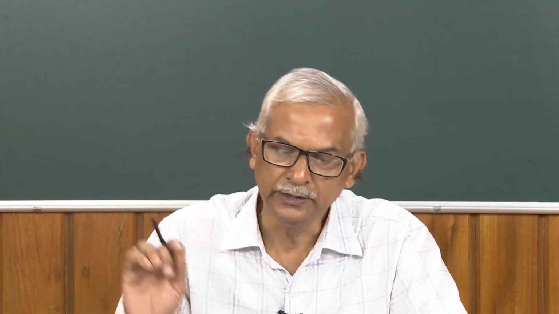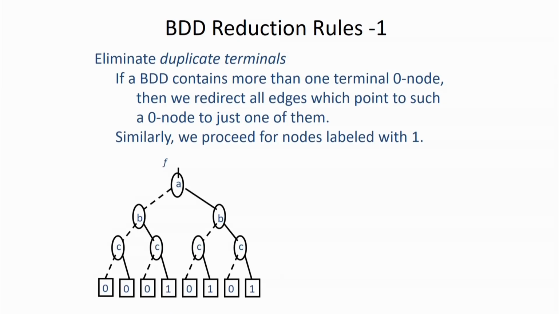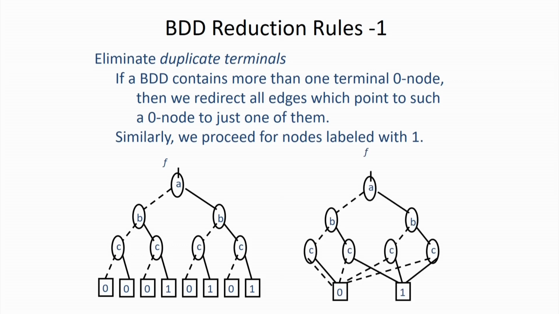They can be merged: we can represent all zeros by one terminal node and all ones by one terminal node. So if this is the BDT, I can have a construct where all zeros are merged together and all ones are merged together. Accordingly, we redirect all those edges so that they conform to the original valuation. So this is rule 1. If we have multiple terminal nodes, we can merge them together.